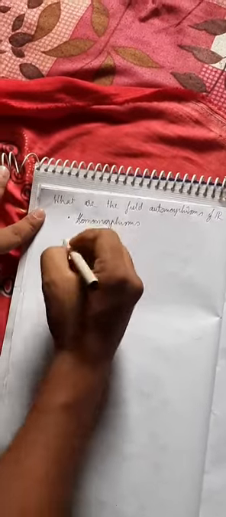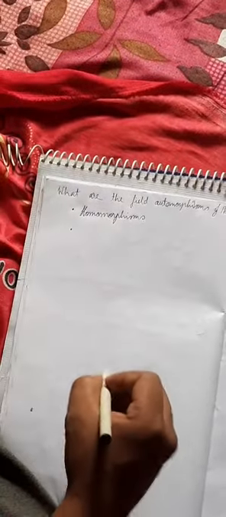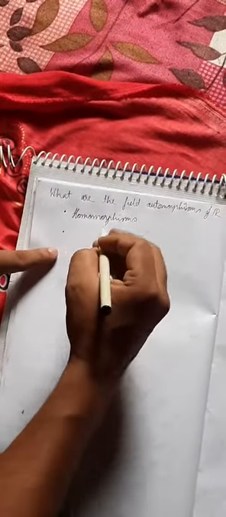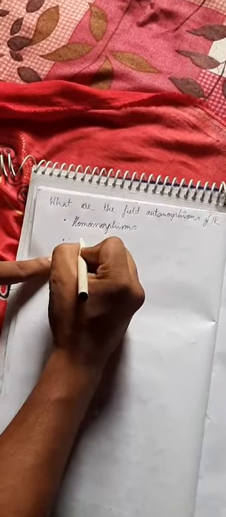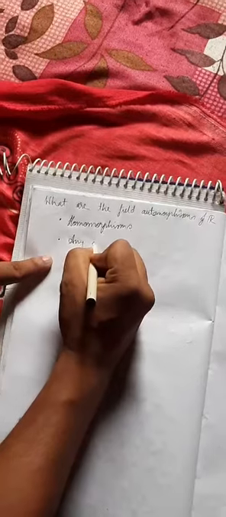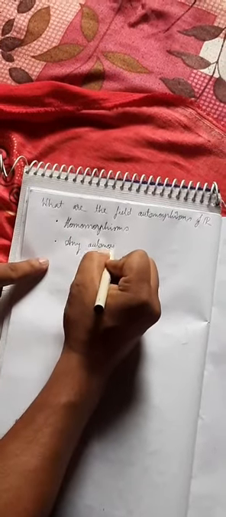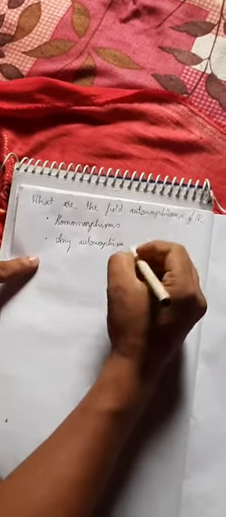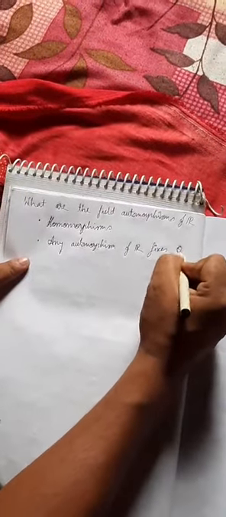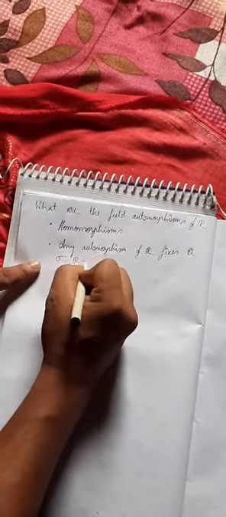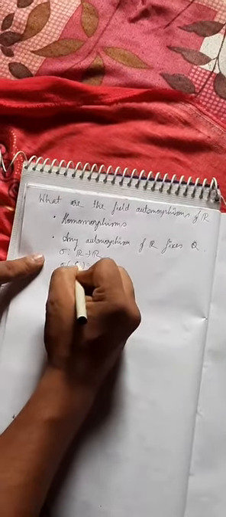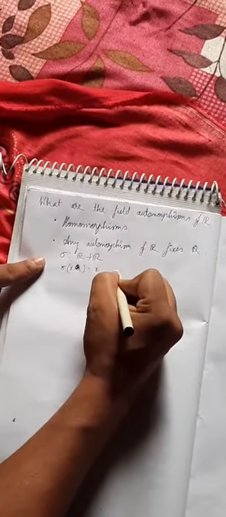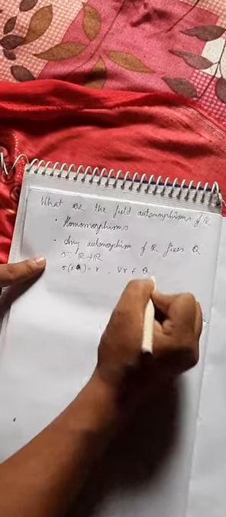Next, we will learn that any automorphism of R fixes Q. Meaning, if sigma is an automorphism from R to R, then sigma of r will be r for all r belonging to Q, right?